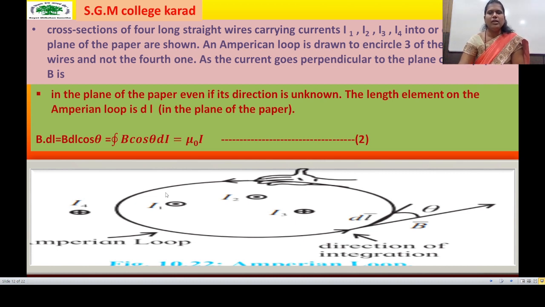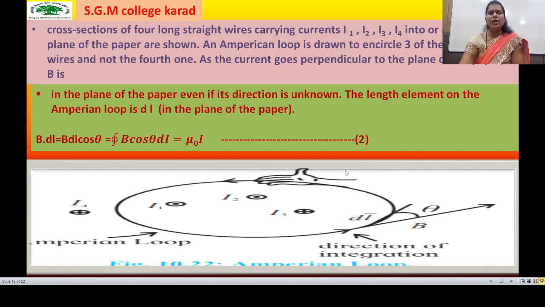As the current goes perpendicular to the plane of the paper, here B is also perpendicular. Only 3 currents are inside the encircled Amperian loop, and I4 is outside.